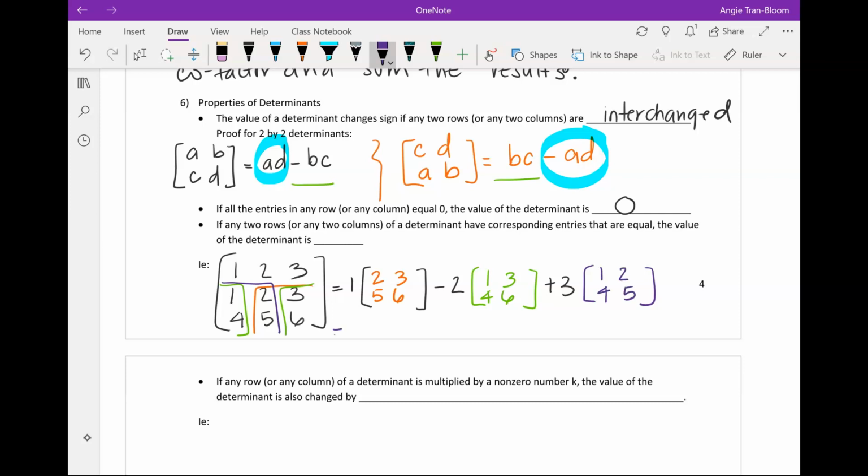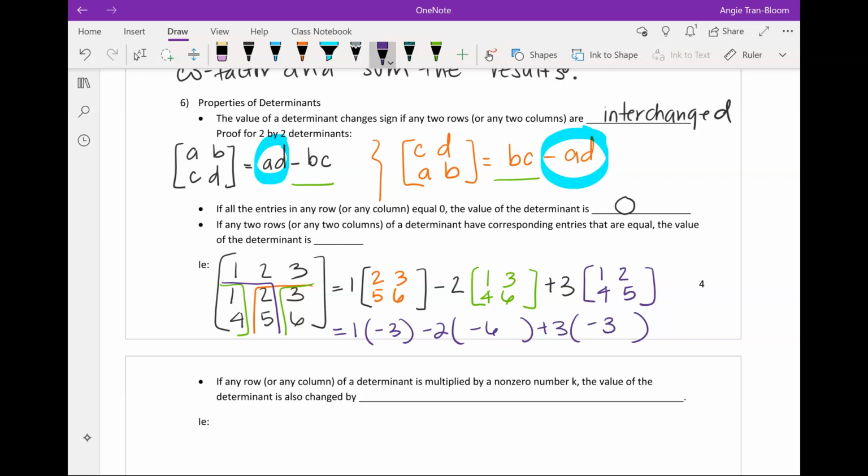All right, let's do the basic math. 1 times what? 2 times 6 is 12 minus 15, negative 3, minus 2 times the determinant of this green matrix: 1 times 6 is 6, take away 4 times 3, that's 12. So 6 minus 12 is? Good. Plus 3 times the determinant of this purple matrix: 1 times 5 is 5, 5 take away 4 times 2 is?